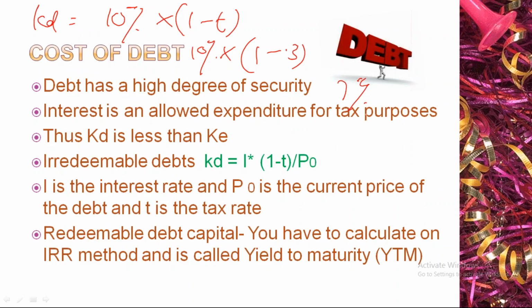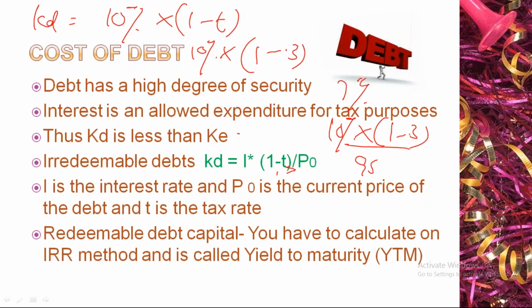That is also what we call irredeemable debt, but maybe on the day of the transaction, the market price is 95. Let's assume the coupon rate is 10% in this case. Market price is 95.